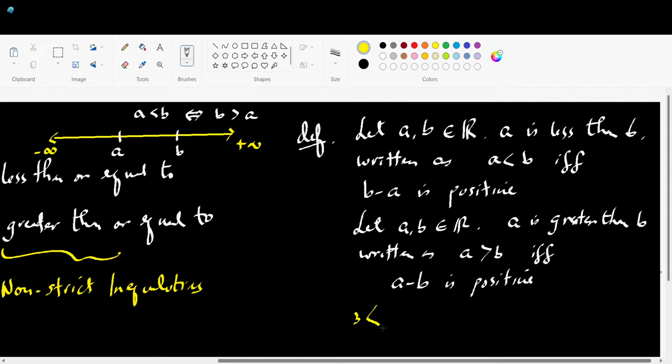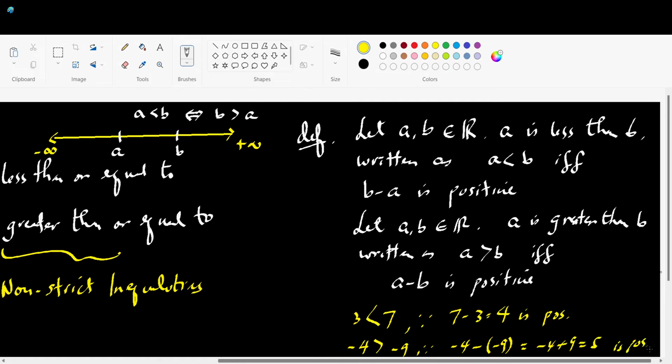So 3 is less than 7, since 7 minus 3 is equal to 4, and 4 is positive. Negative 4 is greater than negative 9, since negative 4 minus negative 9 is negative 4 plus 9, equal to 5, which is positive. Alright?